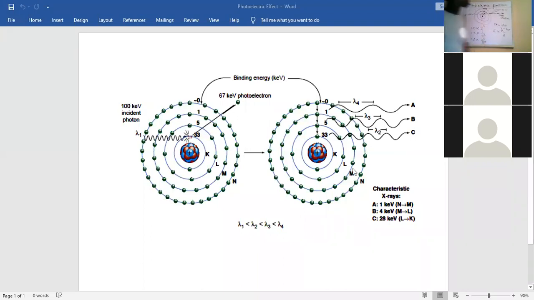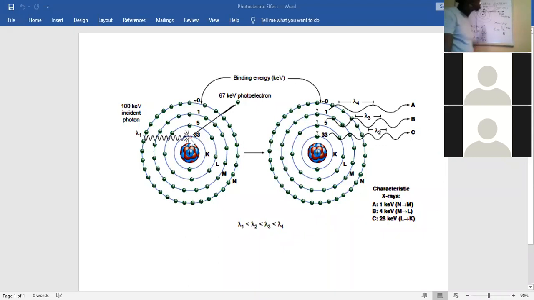Yes, sir. Okay, you see, we have an atom. Look at the array of electrons. This diagram has just been drawn here as an illustration. It doesn't depict a true atom anyway.